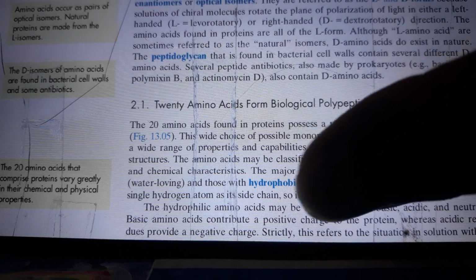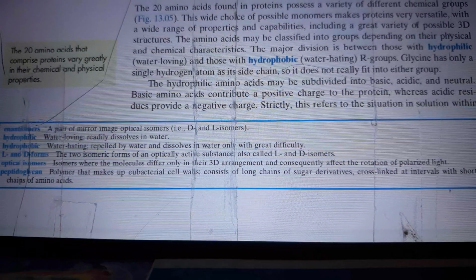Right? So 2.1, 20 amino acids form biological polypeptides. The 20 amino acids found in proteins possess a variety of different chemical groups, figure 13.05. This wide choice of possible monomers makes proteins very versatile with a wide range of properties and capabilities, including great variety of possible 3D structures.